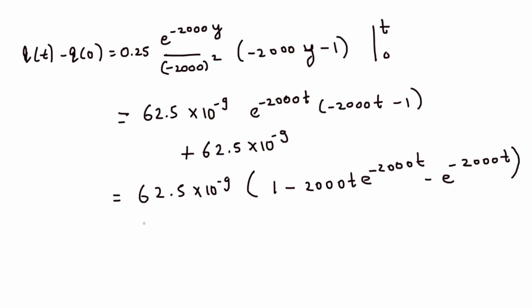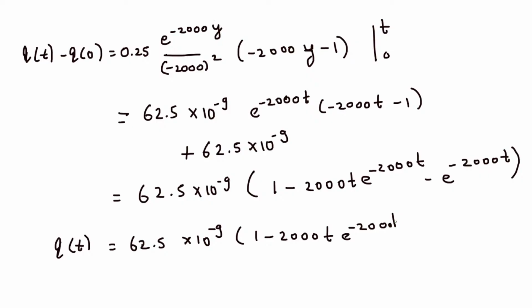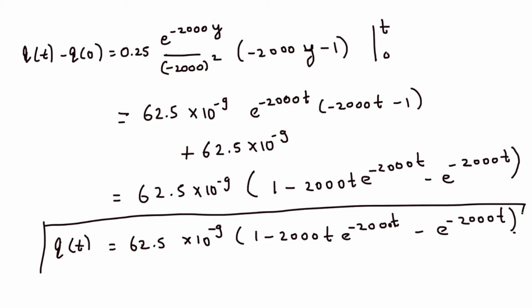So instead of q t minus q 0, we can also write this as q of t, which is equal to 62.5 times 10 to the power minus 9 times 1 minus 2000 t e power minus 2000 t minus e power minus 2000 t. Okay, that's the a part. So this is our final expression for the charge.